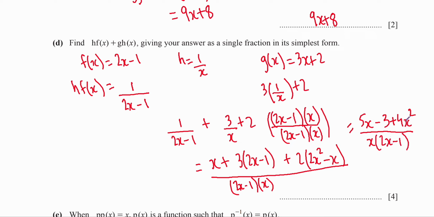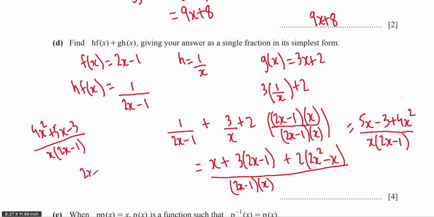Can we simplify this further? Let's see, can you factorize this? We have 4x squared plus 5x minus 3 divided by x times 2x minus 1. Can we factorize it? Let's see.